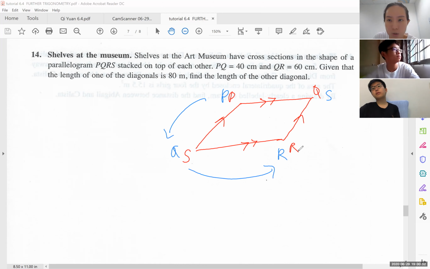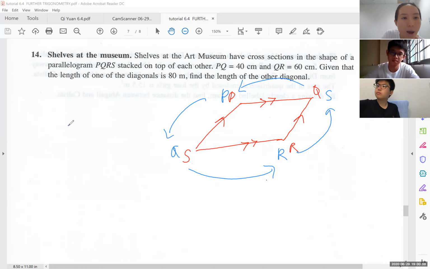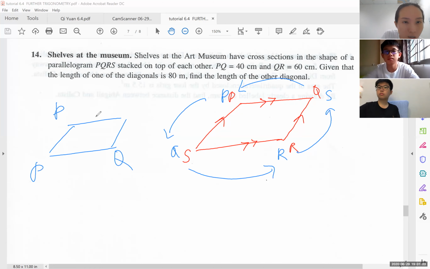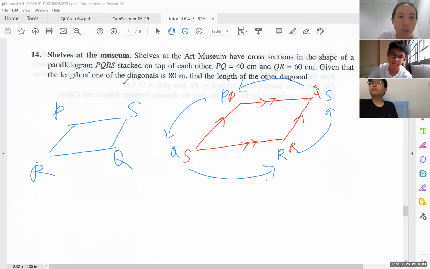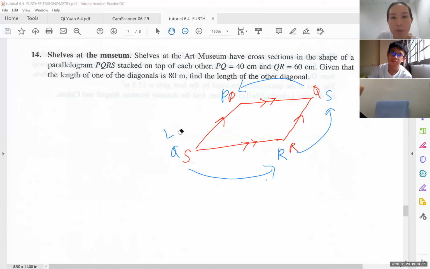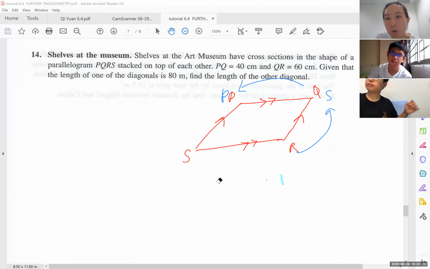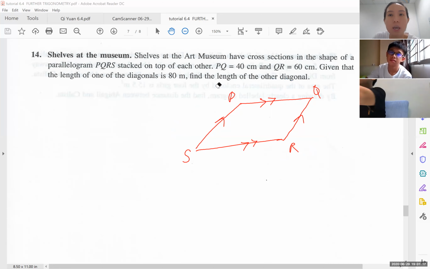You want to do it in blue, also can. You want to do it in red, also can. But if you do P here, Q here, R here, S here, correct or wrong? Wrong, cannot anyhow label. If you want to go clockwise, everybody go clockwise. You want to go anti-clockwise, everybody go anti-clockwise. Okay? So we have P, Q, R, S here already.